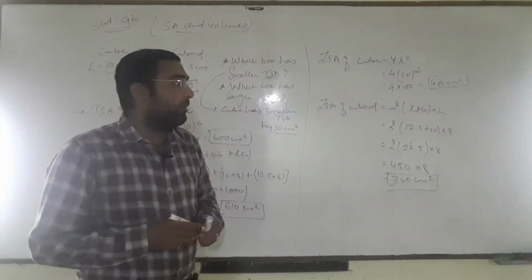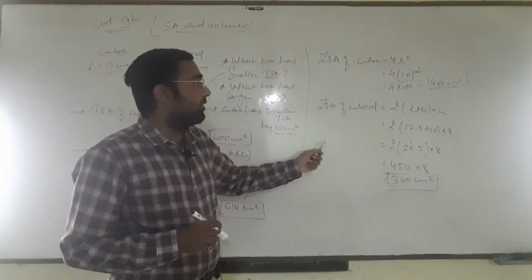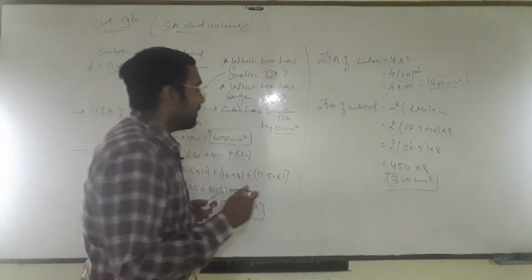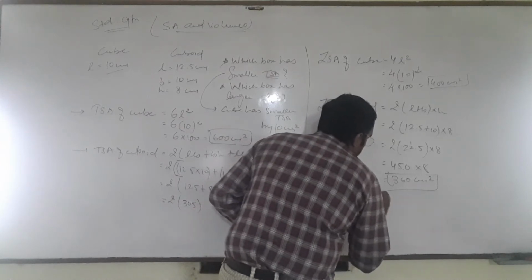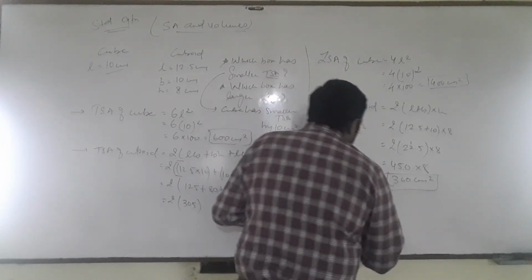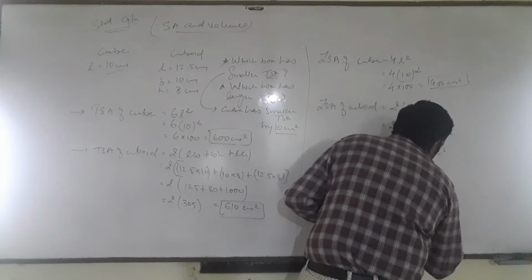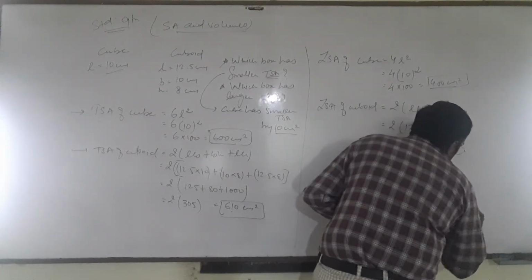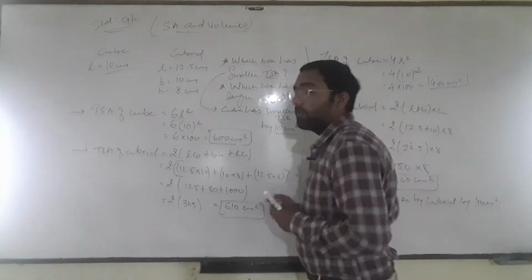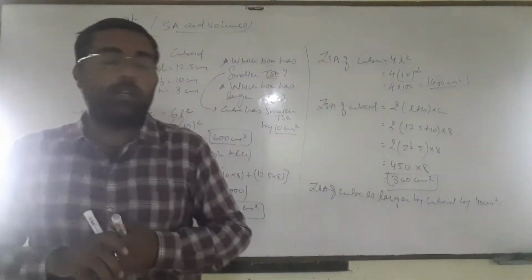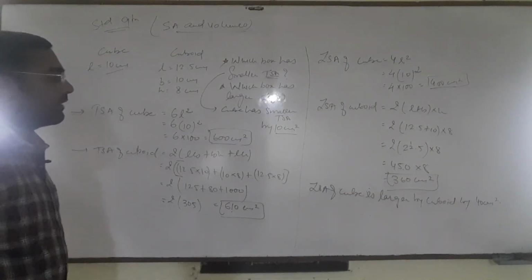So the lateral surface area of cube is larger than the cuboid by 40 centimeter square. Okay, clear students?